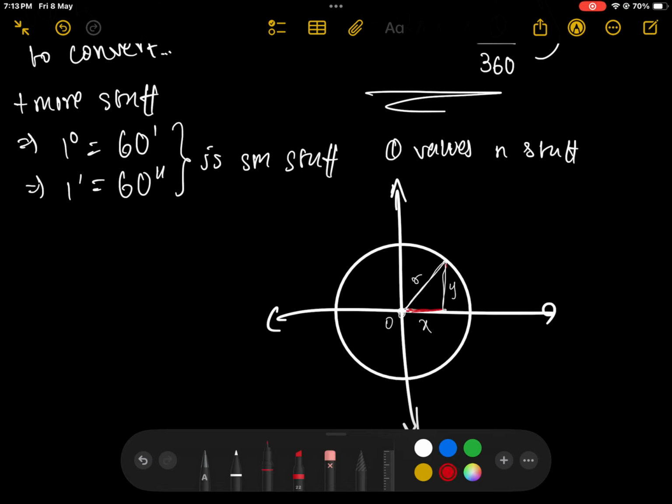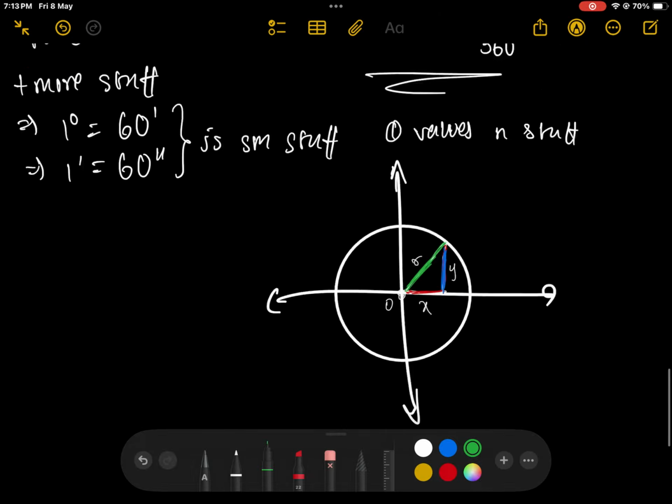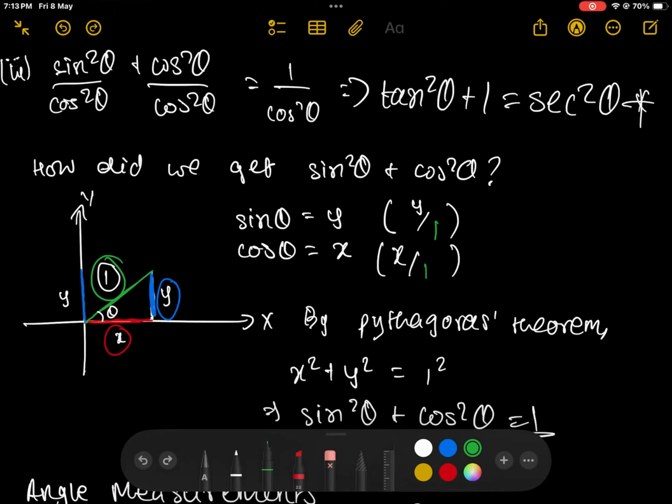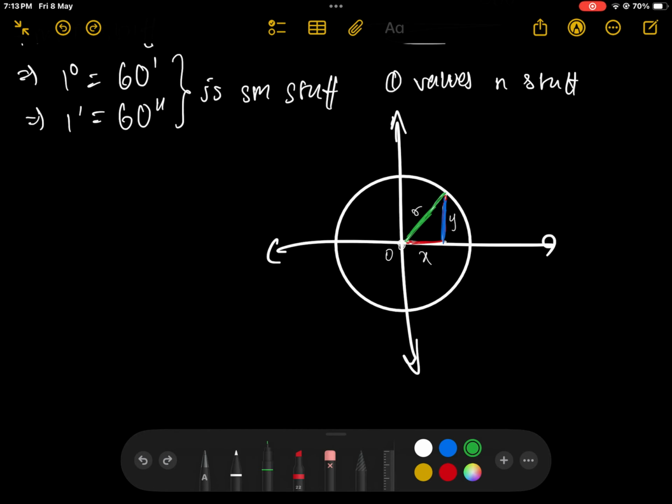We're going to take red again as the distance on the x-axis, blue as y, and the hypotenuse, which I've taken as the radius because it's the distance from the center of the circle to a point on the circle, as r.